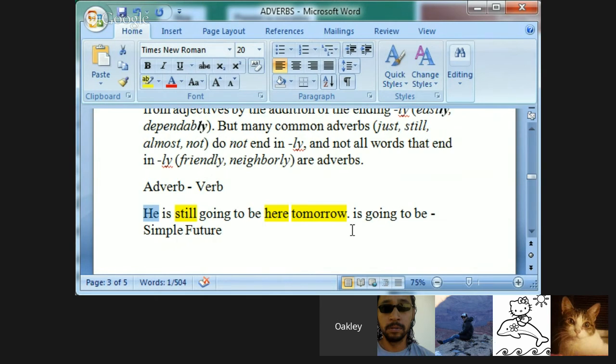Okay. Interesting. Now, could you rearrange this sentence in another way? Is it possible? "He's still be here."